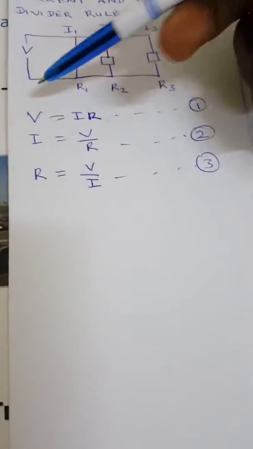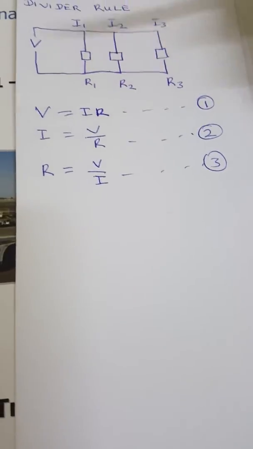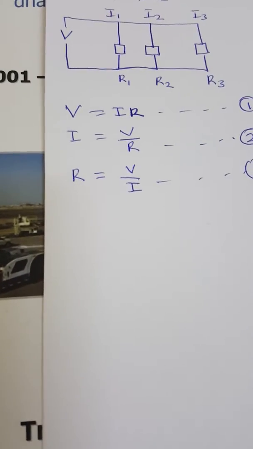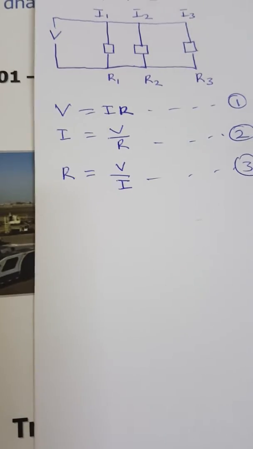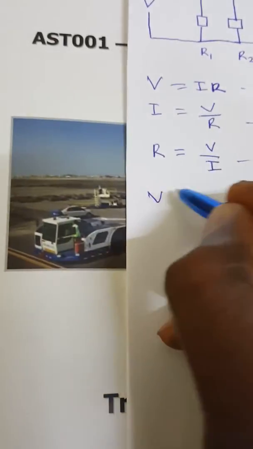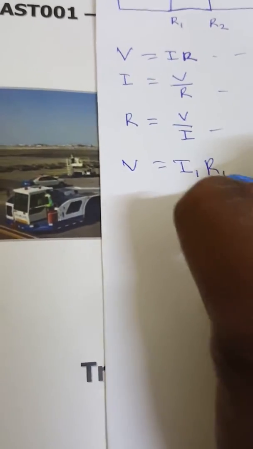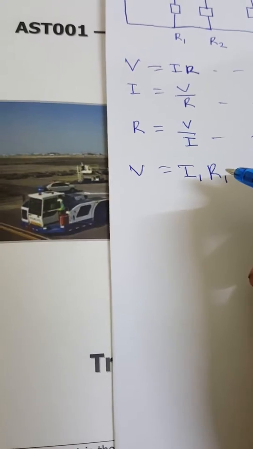Now, you have to remember Ohm's law before we talk about current divider rule. Taking this into consideration, let us say in current divider rule that V is equal to I1 R1. Agreed?